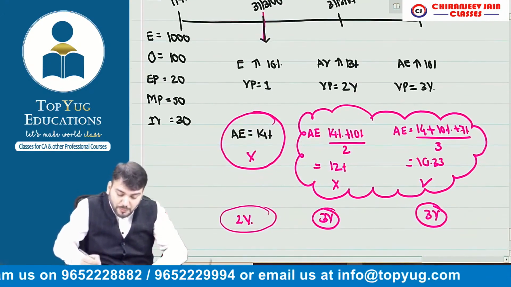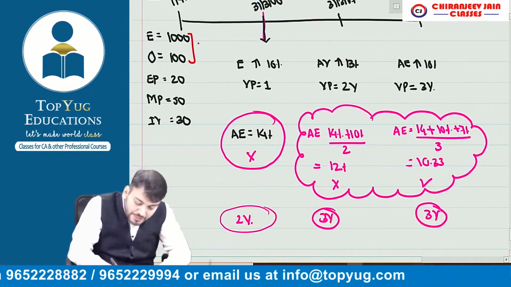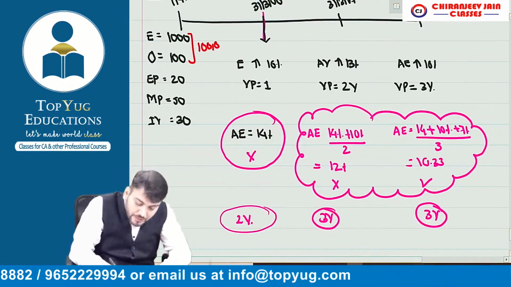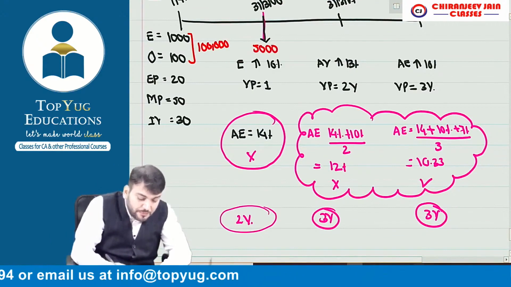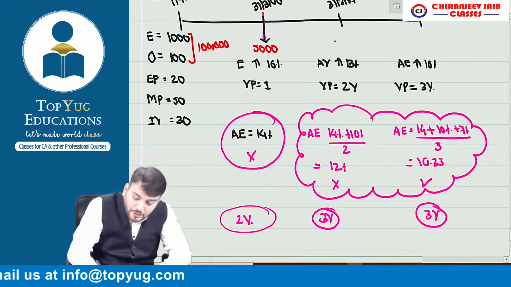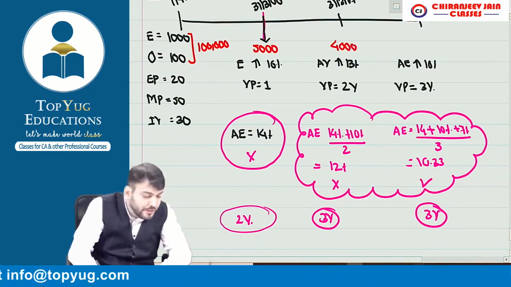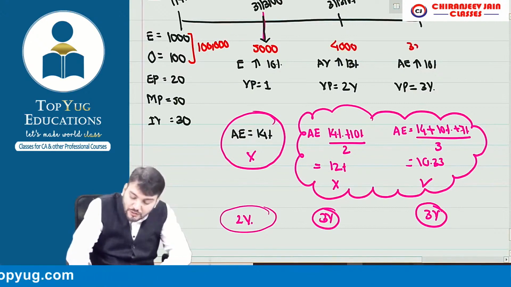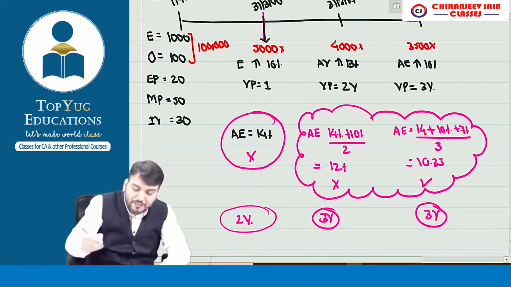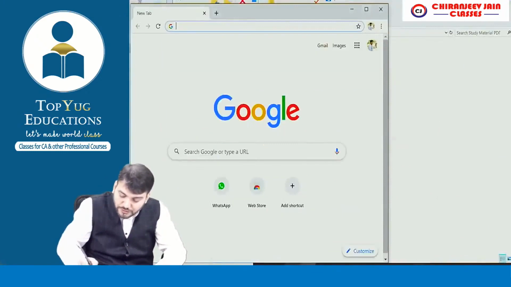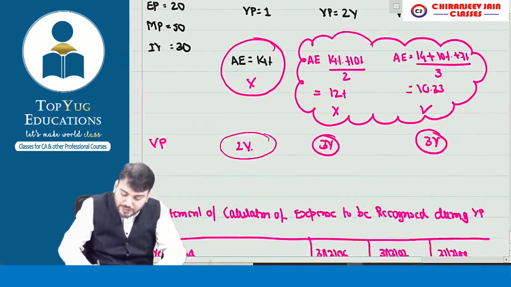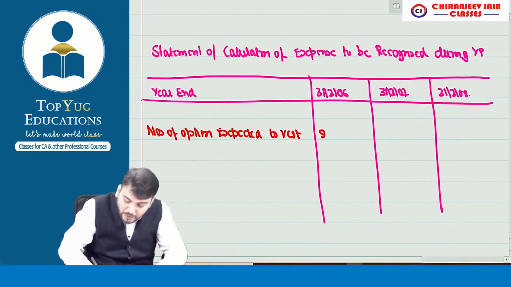Means total number of options कितना था? It is 1 lakh. Check करो, 1 lakh. Out of which how much lapse? 5,000 in the first year. Then how much left? 4,000 in second year. Then how much left? Then 3,500 is left. So can you see, we know the actual position, the 1 lakh minus 5,000. So how many options expected to vest is 95,000 options.